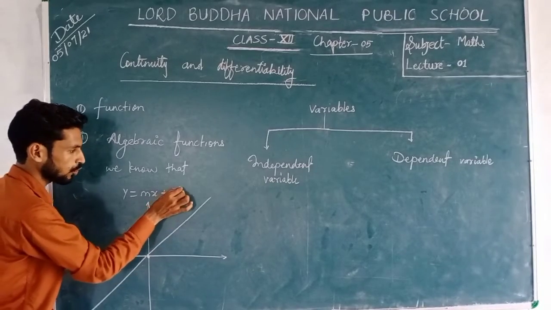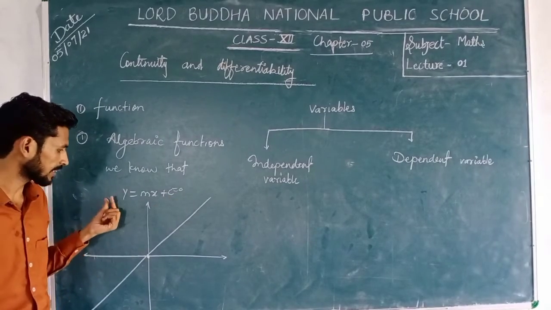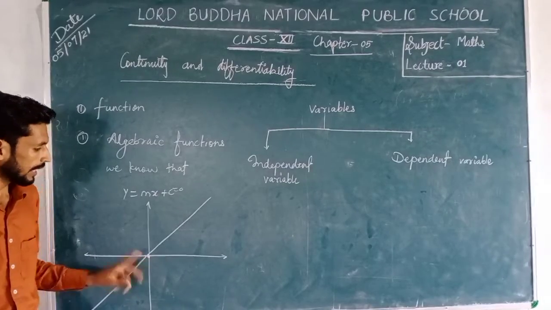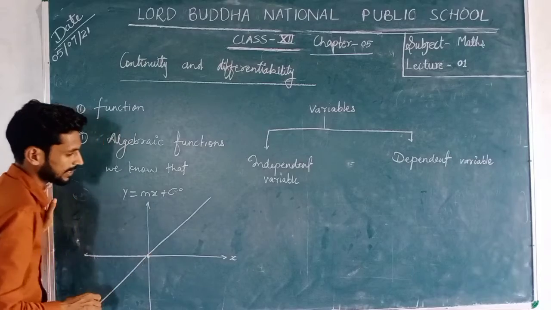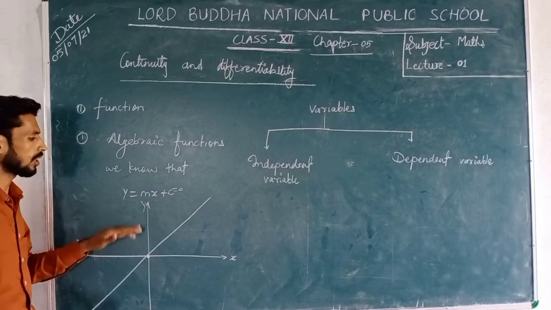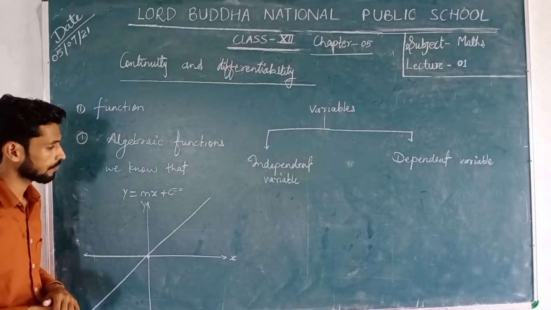If the value of c equals 0, then this graph will be a straight line which is passing through the origin. In this condition, the independent variable x will be denoted on the x-axis and the dependent variable will be denoted on the y-axis, that is the vertical axis.